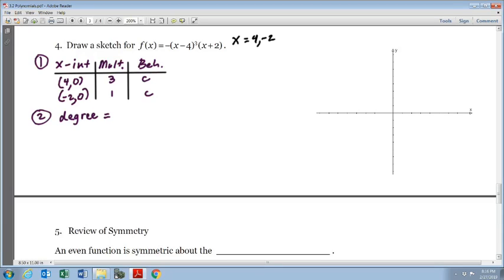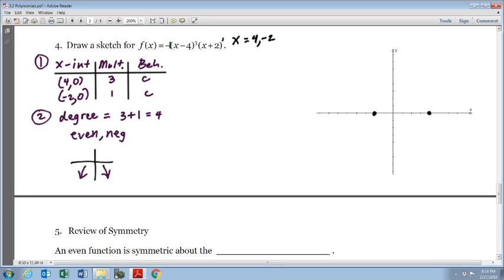And now let's look at end behavior. The degree, first of all, remember we need to add the exponents of the algebraic factors. So it'll be 3 plus 1 here, and you get 4, so we're even. Notice the number out front is negative 1, so we're negative. And so on your end behavior here, it's going to fall on each end. And so now this is all we need to do the graph.